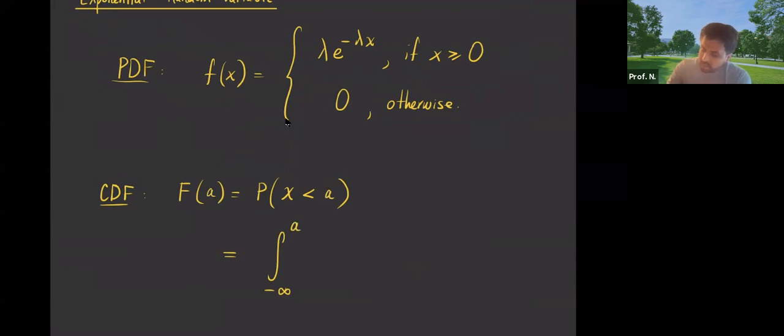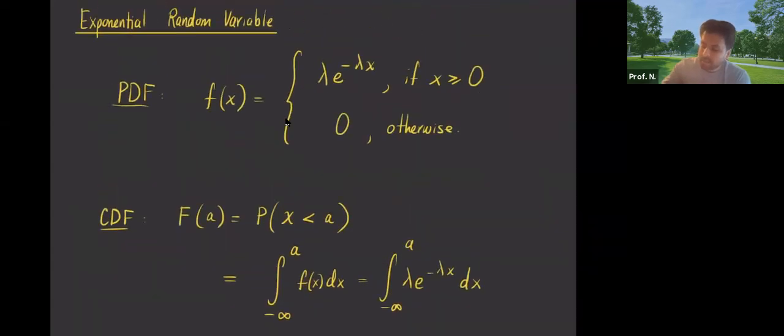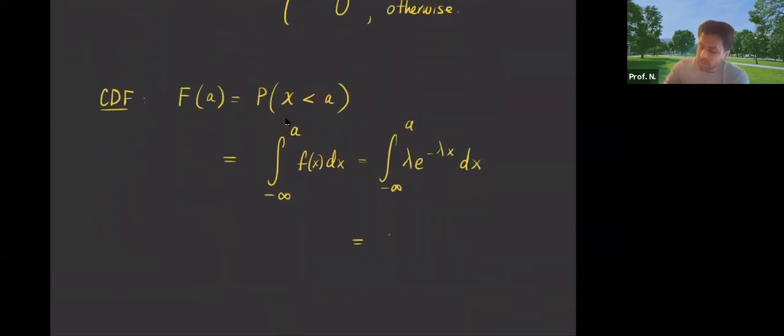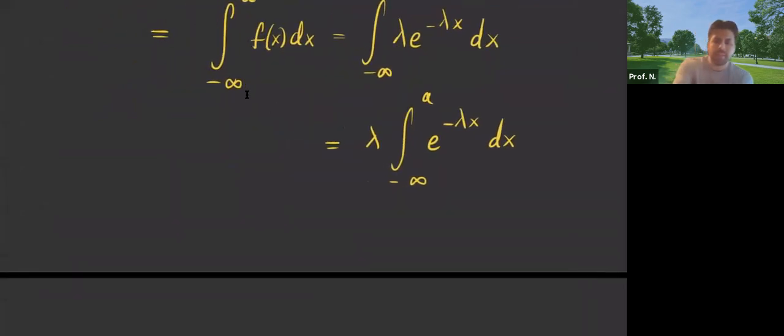So this is the integral of f from negative infinity to x of lambda e to the negative lambda a da, and lambda is a constant. So how do we integrate this? Well, we can take the lambda out. We get lambda times the integral of e to the negative lambda a da.